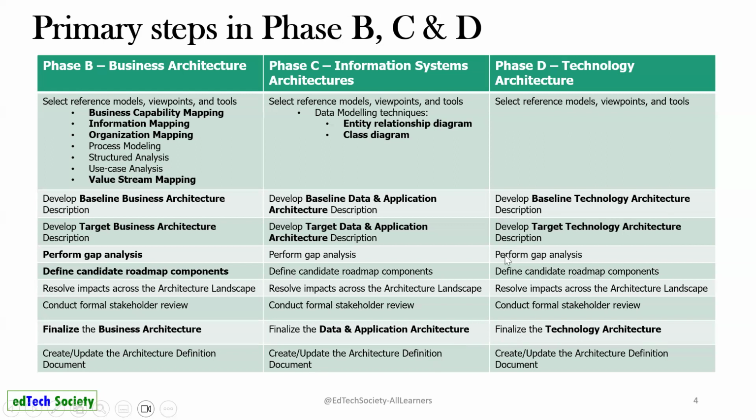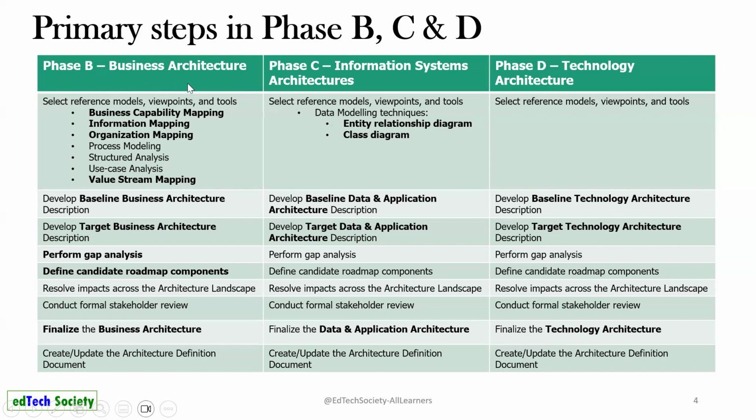Other than that, performing gap analysis, defining candidate roadmap components, and creating or updating the architecture definition document are all pretty common and similar across Phases B, C, and D. So please try to understand and remember that all these points are very important for your exam.